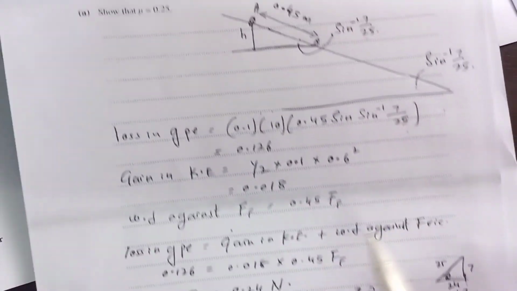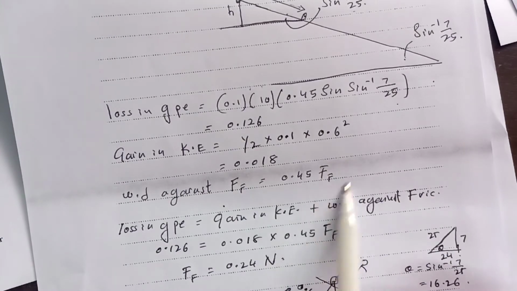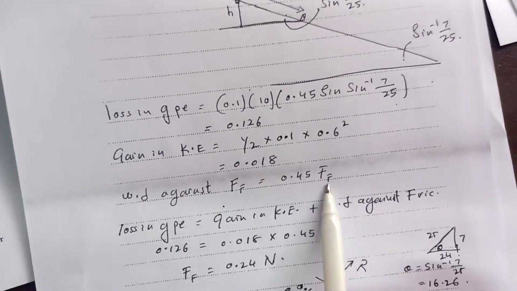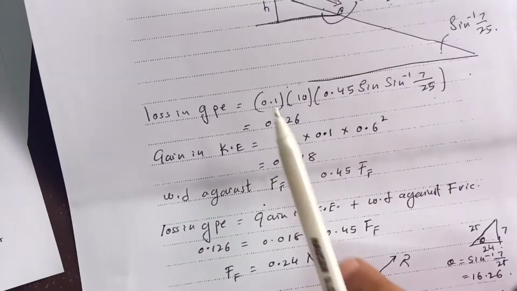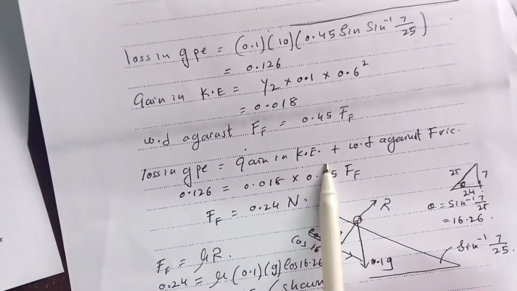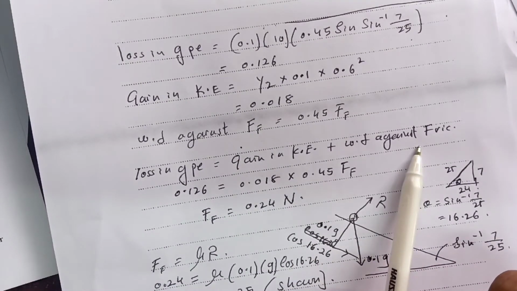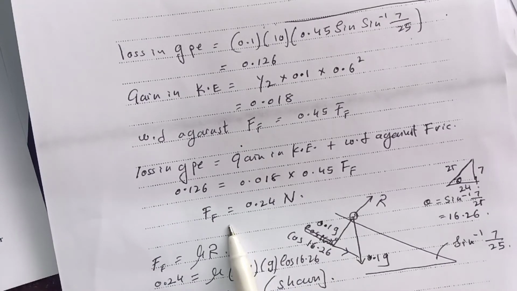And we have to find the frictional force, because only when finding the frictional force can we find mu. So let us equate this: loss in potential energy is equal to gain in kinetic energy plus work done against friction. You just replace it, you will get the frictional force.